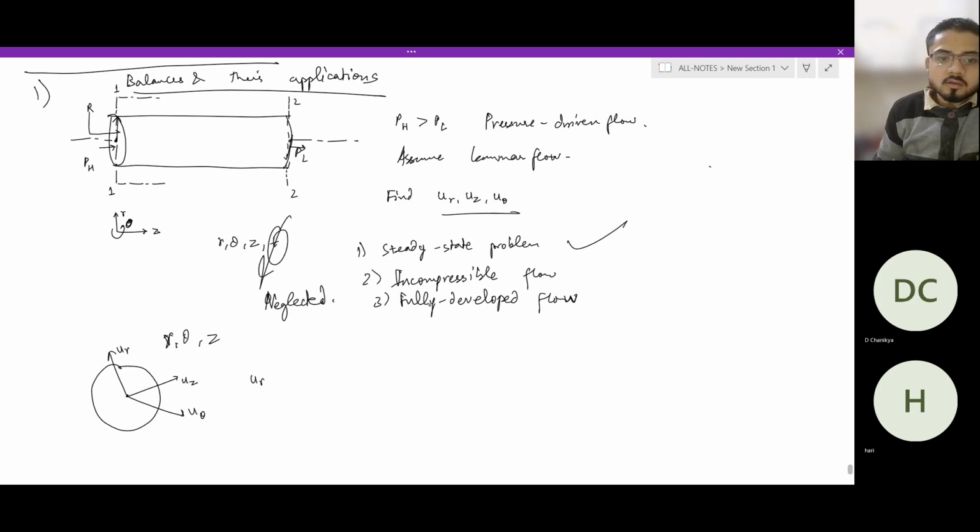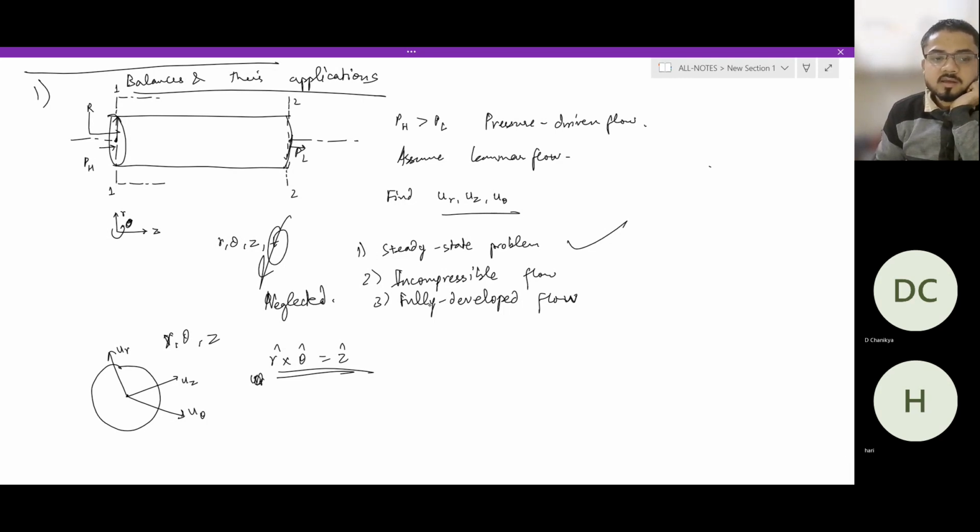So r vector cross theta vector would be equal to z vector, for a right-handed coordinate system. Anyway, this problem is symmetric, right?